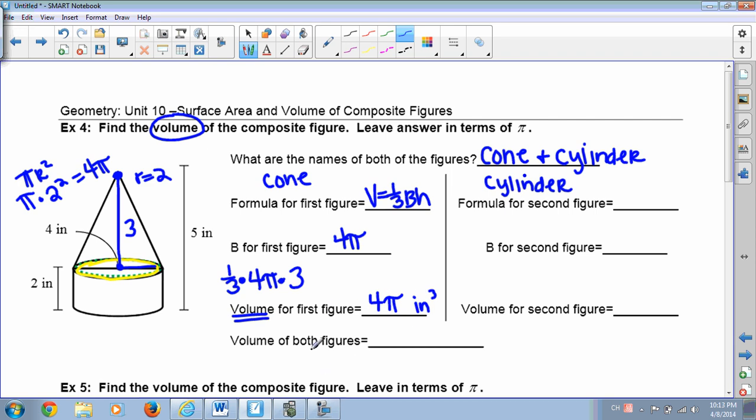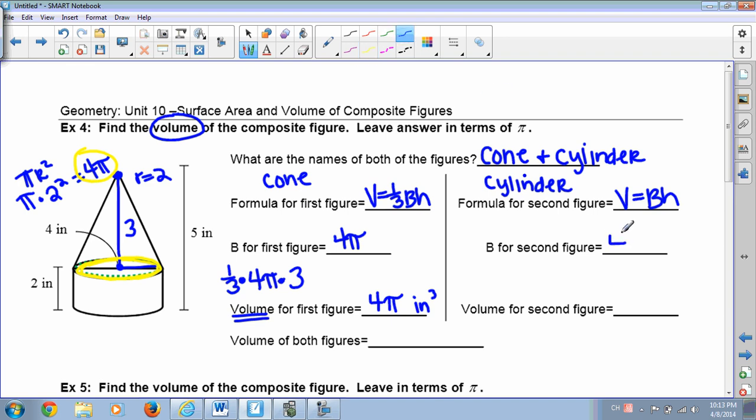Okay, so before we can find the volume of both, we have to go ahead and find the volume of the cylinder. So let's shift our mind to the volume of a cylinder formula, which is big B times H. Again, the shape of the base of our cylinder is the same as the shape of our base for the cone. It's the circle. And we've already found the area of the circle from the cone, which is 4 pi.